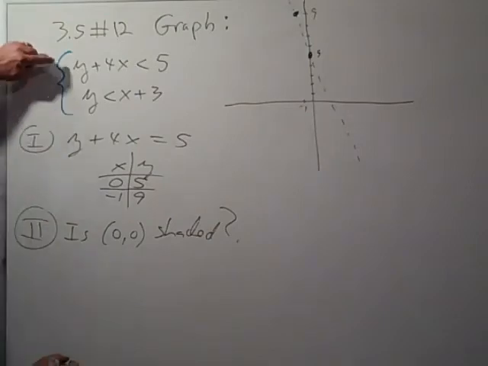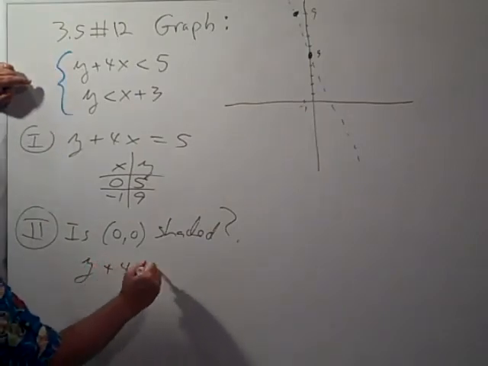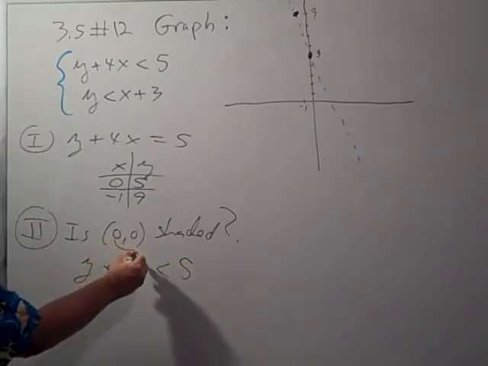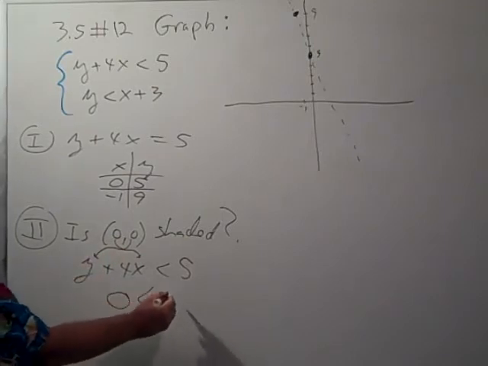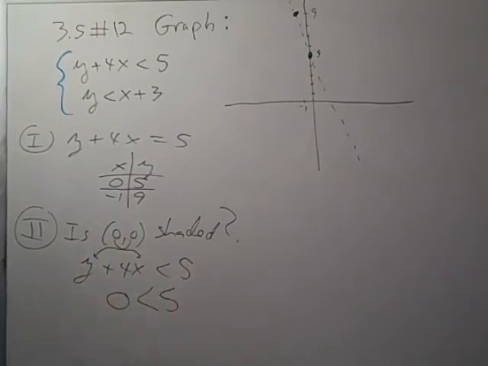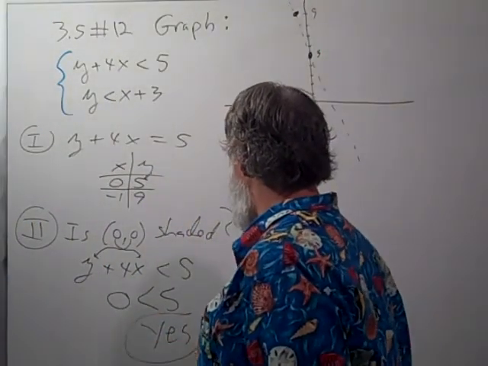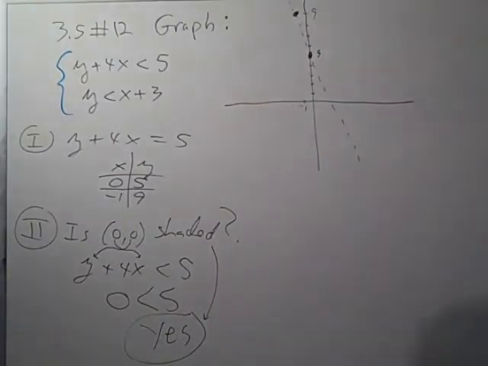We answer that question by taking the original inequality, y plus 4x is less than 5, and plugging in x equals 0 and y equals 0, so this whole left side becomes 0. And since 0 is less than 5, the answer is yes. The origin is on the shady side of that line.